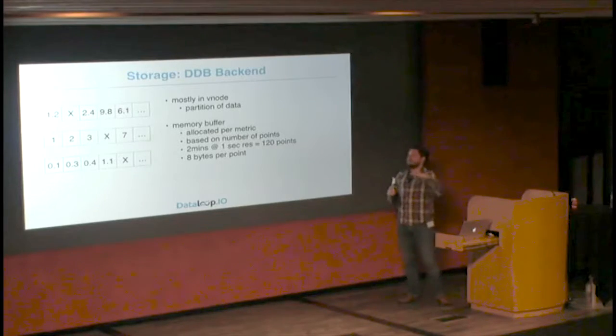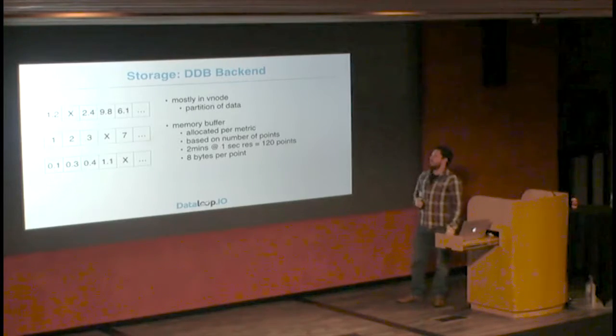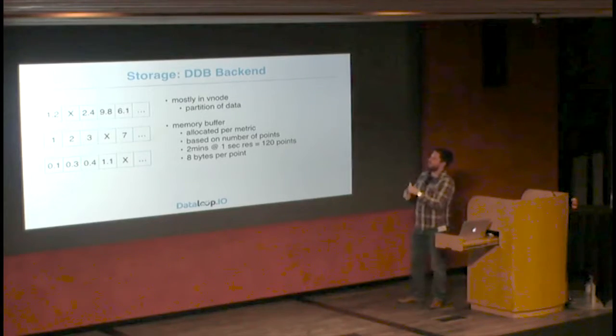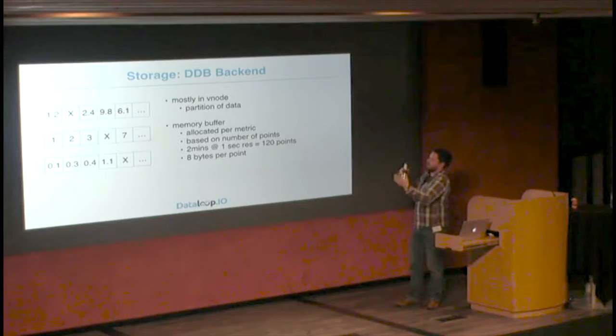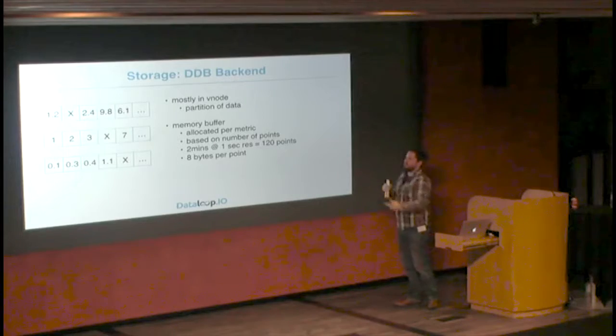In terms of time series, the time series comes into the Dalmatiner cluster, and then it gets allocated a vnode that particular metric path should go to. One of the key aspects to getting the speed it does is that as a metric path comes in, so your CPU idle or whatever, that particular value will get put into a buffer.